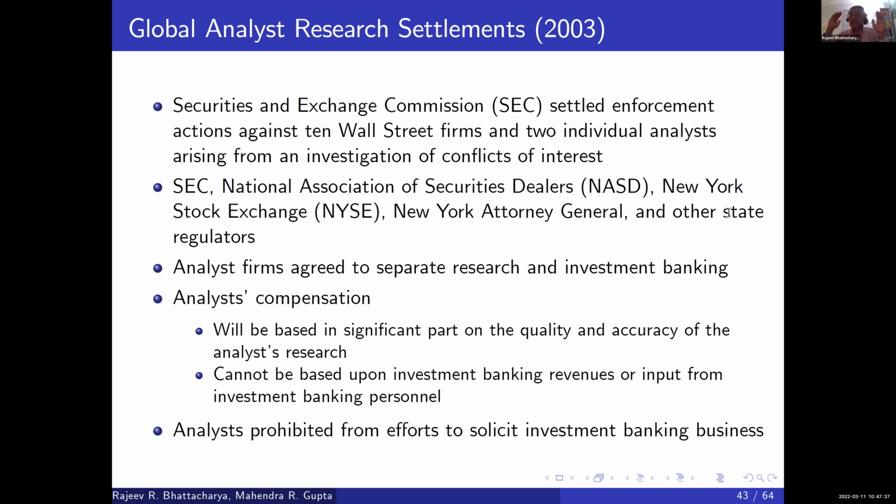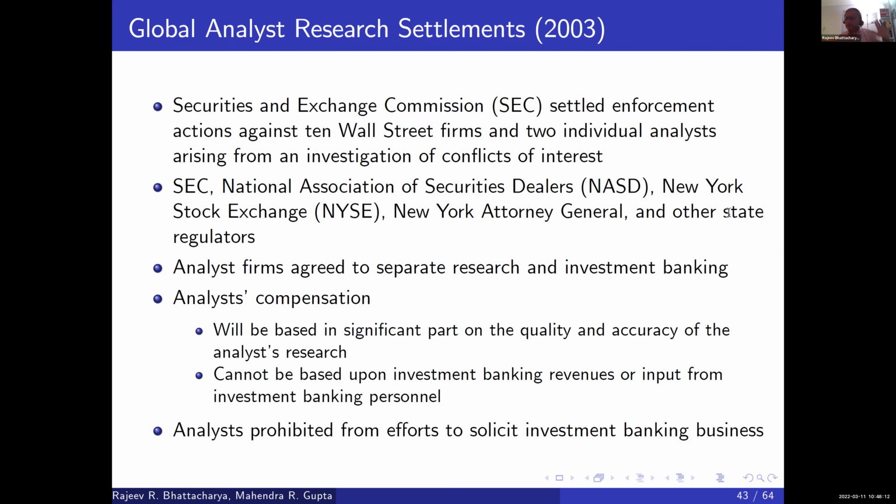The next one is very importantly and directly related to our paper. In 2003, the SEC basically knocked heads together, put 10 really powerful Wall Street firms and made them agree to these settlements. In addition to the SEC, NASD, NYSE, the New York Attorney General, and other state regulators all came on board. And firms agreed in principle to separate research and investment banking.